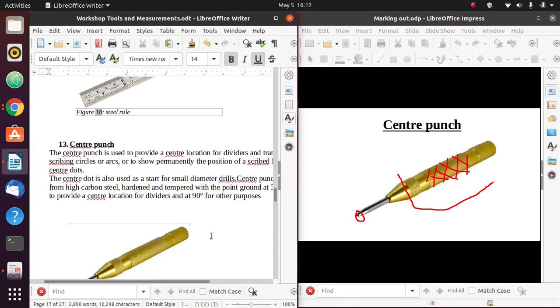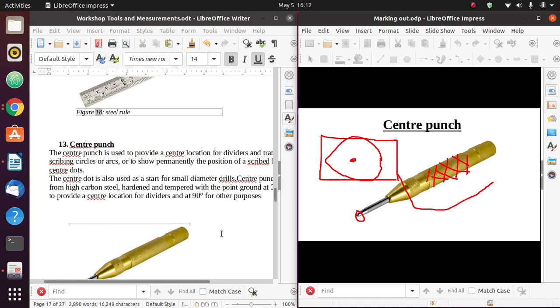Yes. Here, if we are drawing a circle, we use the center punch, you hit with a hammer, and let's say this is a workpiece. I hit with the punch and make a small hole, and then this will be where I'll put one leg of the divider, the trammel, then I'll be able to draw a circle or an arc.